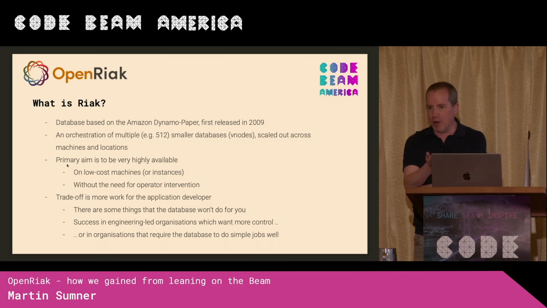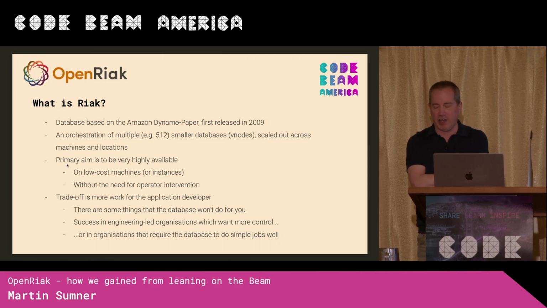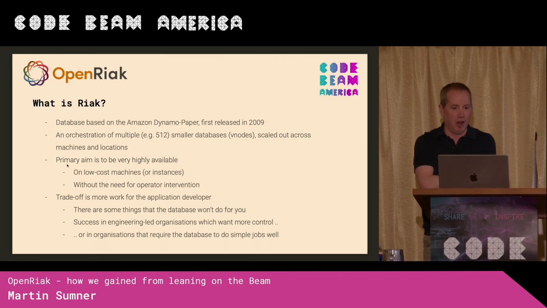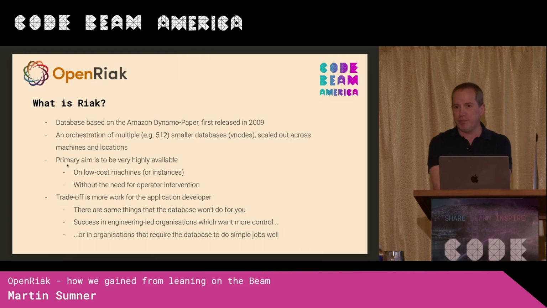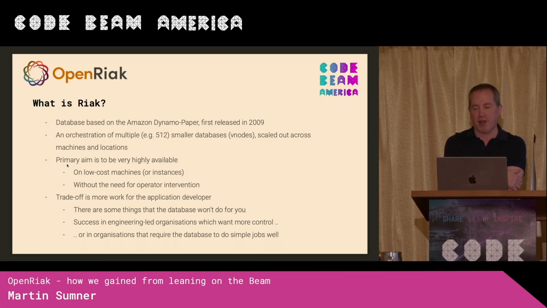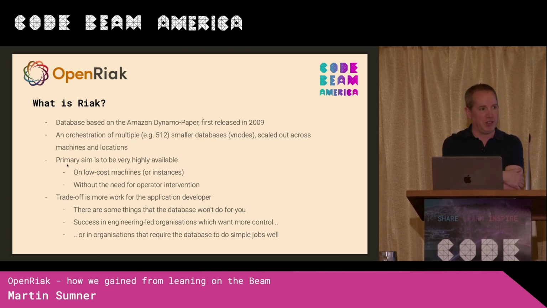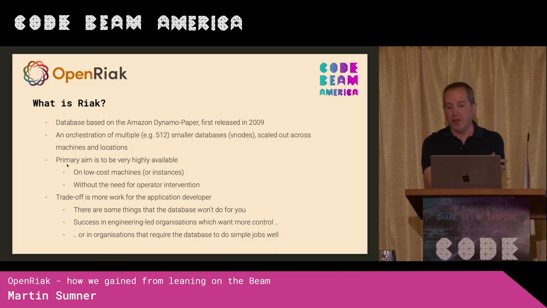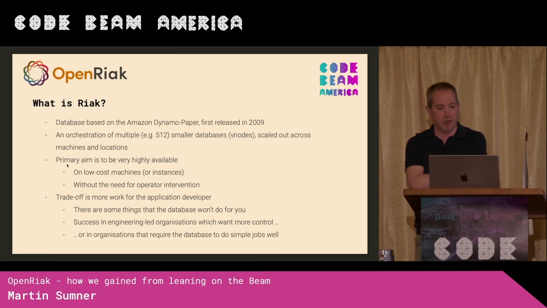Under the hood, there are two layers to Riak. Most of the grunt work is done by our backend code, or our vnode code, which is a small database, and Riak itself is a collection of these smaller databases. Typically in a Riak cluster, we'll have 512 smaller databases, or another factor of 2 of that magnitude.